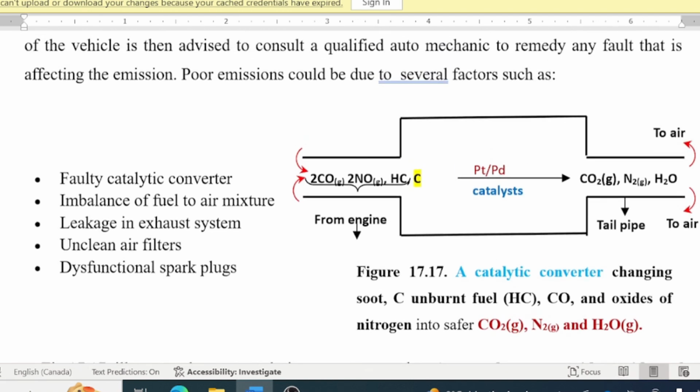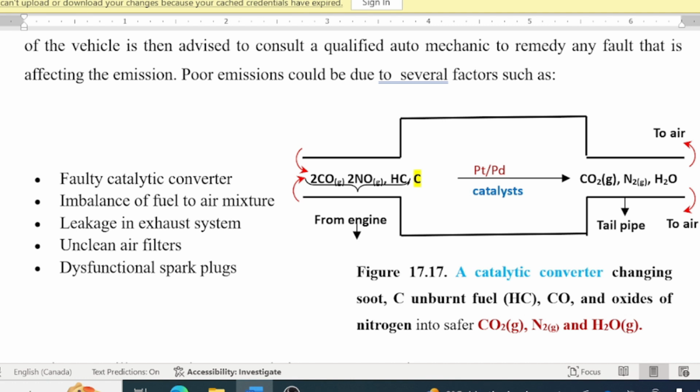Some things that can perhaps affect the quality of air: faulty catalytic converters, imbalance of fuel to air mixture, too much fuel being injected, not enough air, some leakage in the exhaust system, unclean air filters. You must ensure that for the fuel to burn in your engine, it needs a supply of air, and that is passed through a filter or a number of filters.